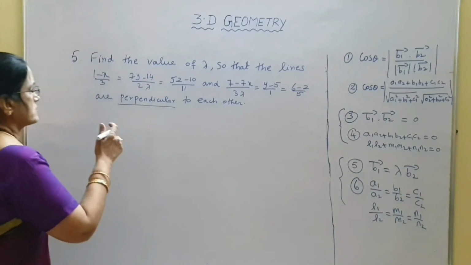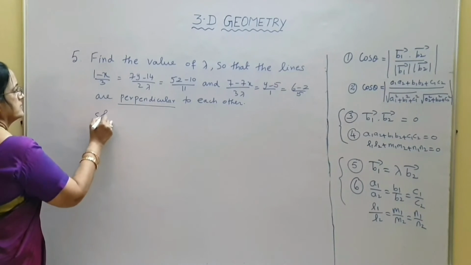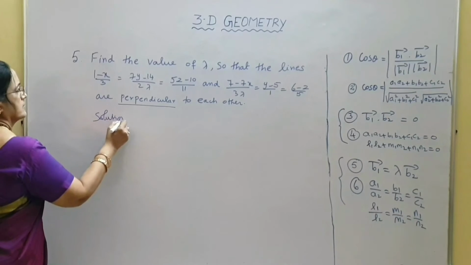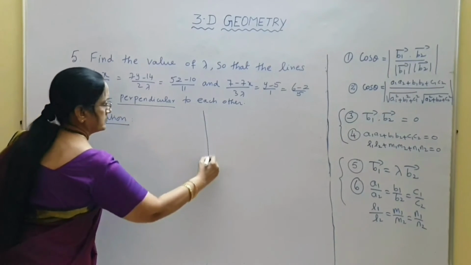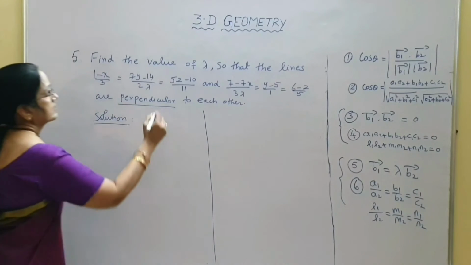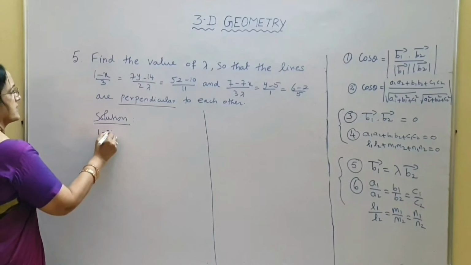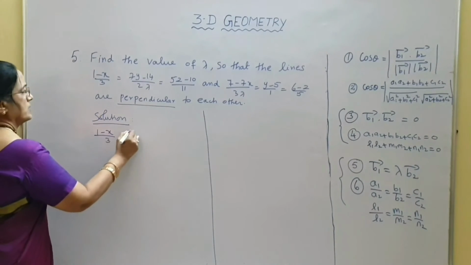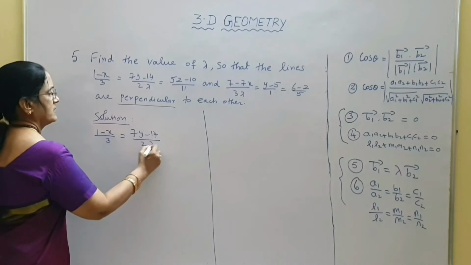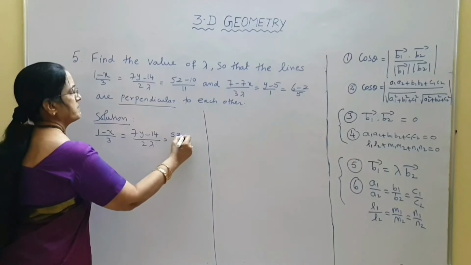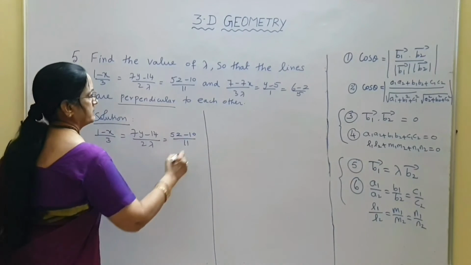Okay. Now let us do this solution. What is the first equation given to us? 1 minus x by 3 is equal to 7y minus 14 by 2 lambda is equal to 5z minus 10 by 11.